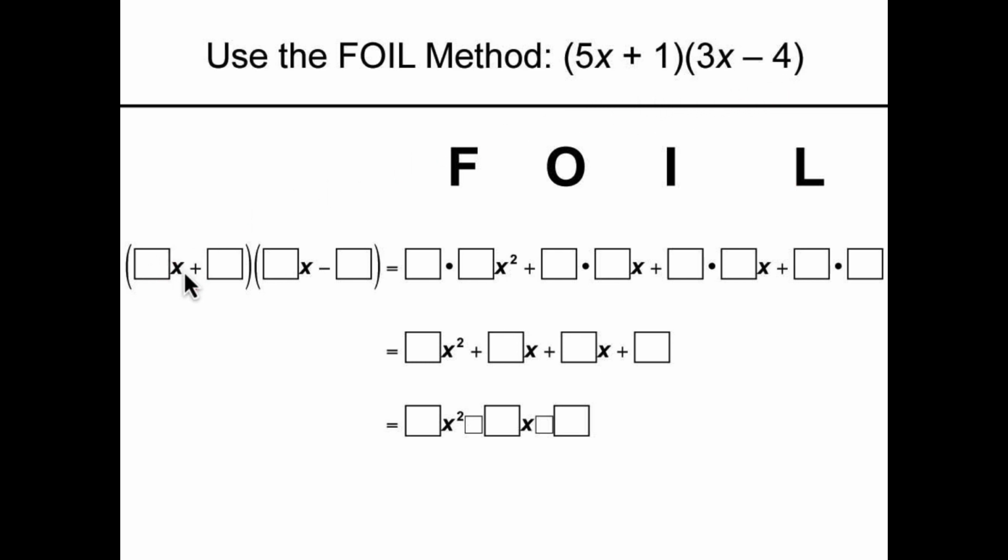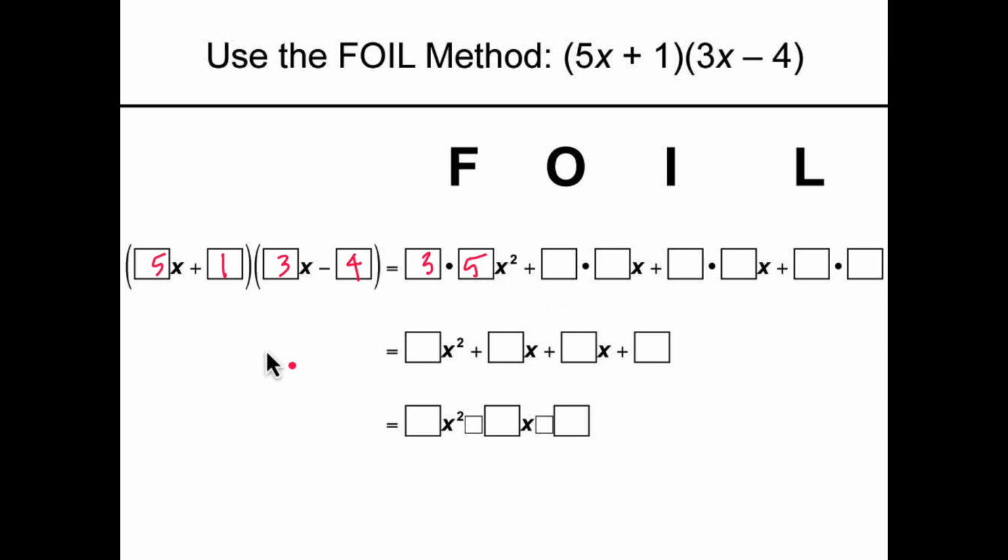Fill in the terms here. So we get 5x plus 1, 3x minus 4. The product of the first terms is 5x times 3x, or 3 times 5x squared.